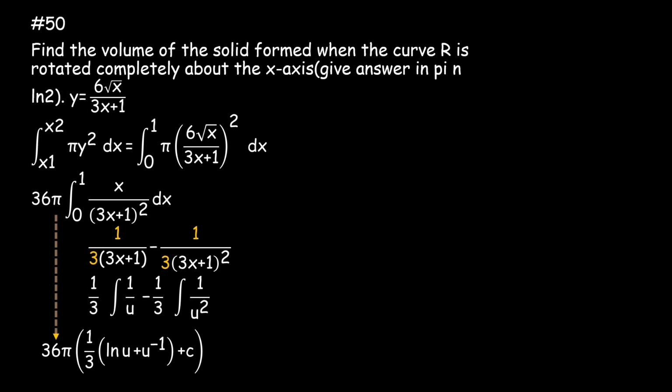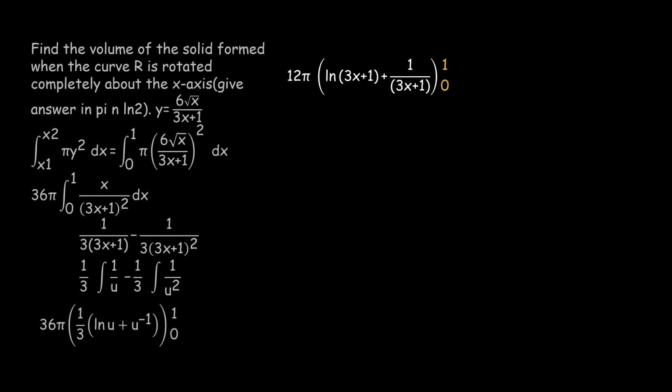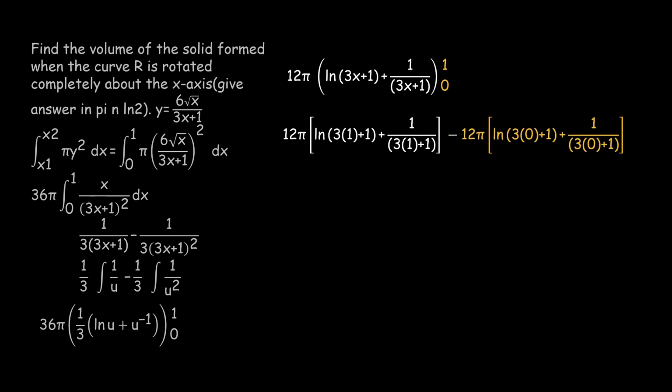Now we can substitute back the value of u as 3x plus 1, and we get 12 pi times ln of 3x plus 1 plus 1 over 3x plus 1. If we substitute the limits 1 and 0 in there, we're going to have 12 pi times ln of 3 times 1 plus 1, etc., etc. And we substitute 0 as well, but then natural log of 1 would be 0.